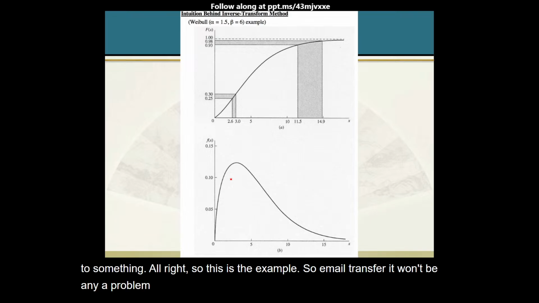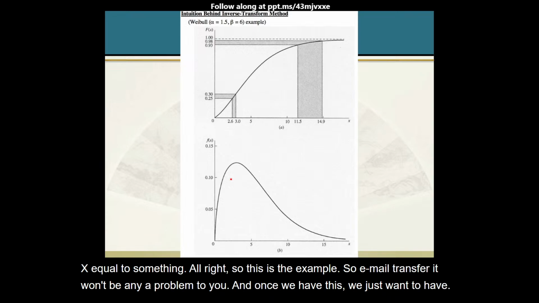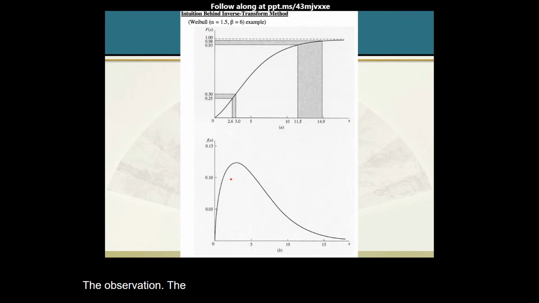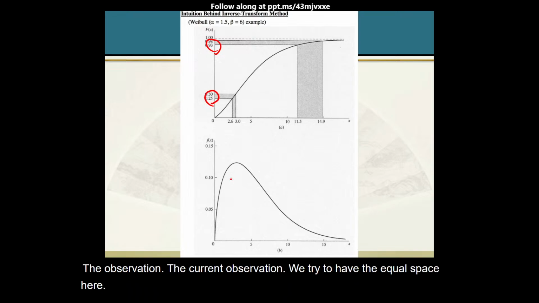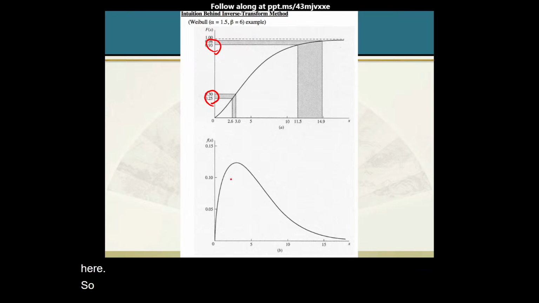And once we have this, we just want to have the observation. In the current observation, we try to have equal spacing here. So we have an equal length. With the equal length, then look at this.